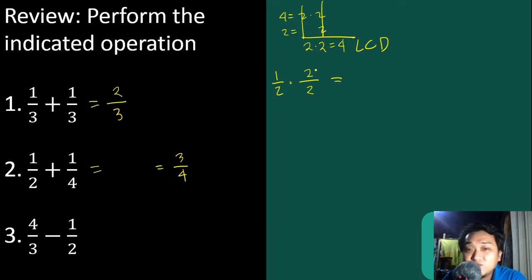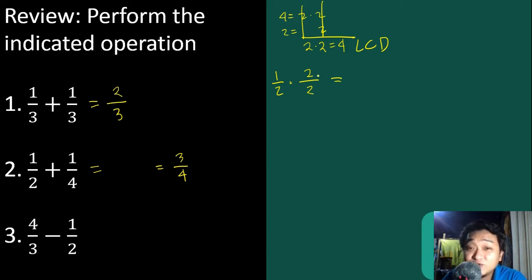Bakit? 2 divided by 2 is just 1. So, 1 times any number will be the number itself, the identity property in multiplication. So, ibig sabihin pala, itong 2 over 2, it will not affect 1/2. Hindi natin siya mababago, or wala mangyayari kay 1/2 whenever we multiply it by 2 over 2.